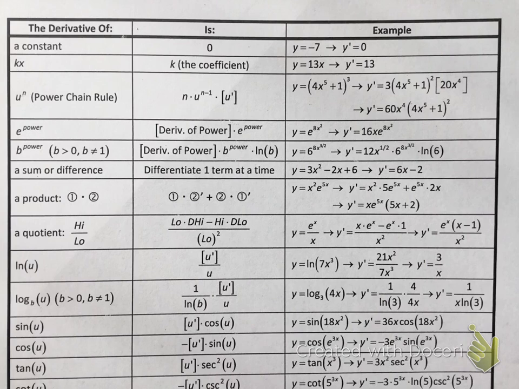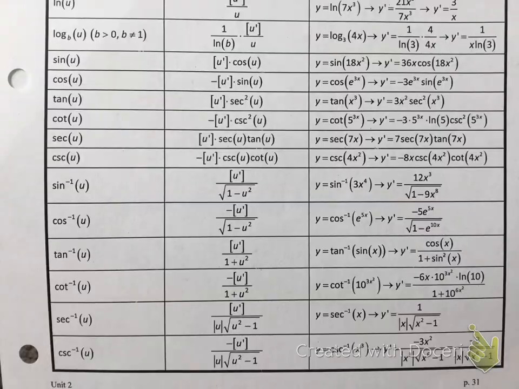Sum or difference, product rule, quotient rule, the derivative of the natural log of u, the derivative of log base b of u, sine, cosine, tangent, cotangent, secant, cosecant, inverse sine, inverse cosine, inverse tangent, inverse cotangent, inverse cosecant, and inverse secant. So there are examples for every single rule, so you can check it out.